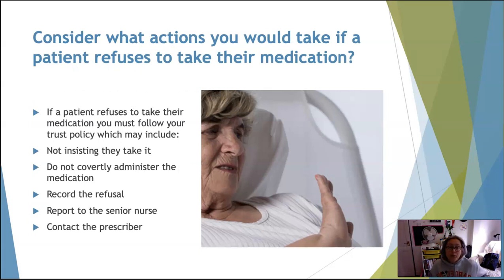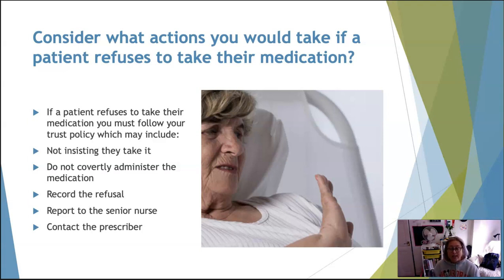So last couple of thoughts really before we get into the end. What things would you do if a patient refuses to take the medication? Obviously patients have the right to do what they feel is best for them. And if a patient refuses to take the medication, you've just got to follow the trust policy. We don't have a right to insist that a patient takes it.